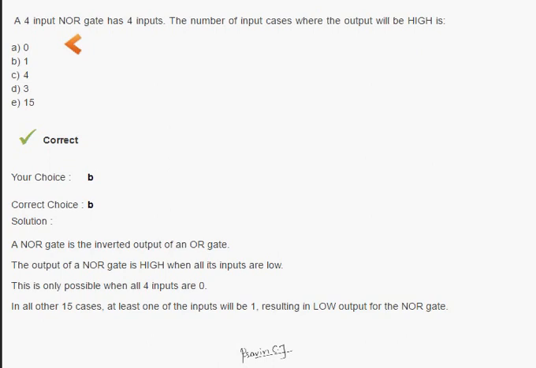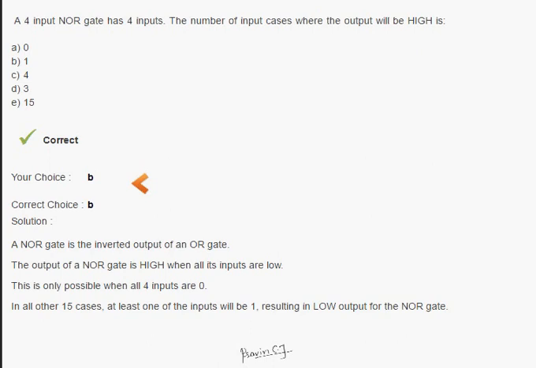It's a very simple question. A NOR gate is the inverted output of an OR gate. We know the output of a NOR gate is high when all the inputs are low, because it completely inverts 0 to 1 and 1 to 0. So simple question.